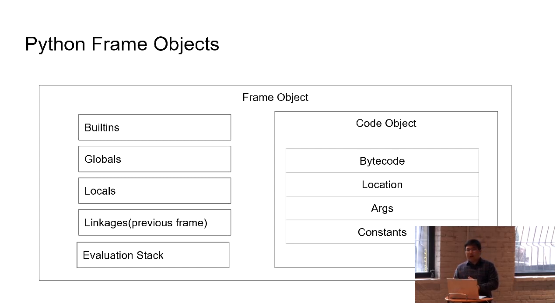If you ever want to know why recently Python now underlines in your traceback which line or which area something is, it's because of the code object. And around that code object, we have stuff like builtins. That's how the runtime connects with the built-in objects, global variables, local variables, linkages that help the runtime link to different parts of the code, and mostly the previous frame, and then the evaluation stack, which is probably the majority of what I'm going to focus on in this talk.